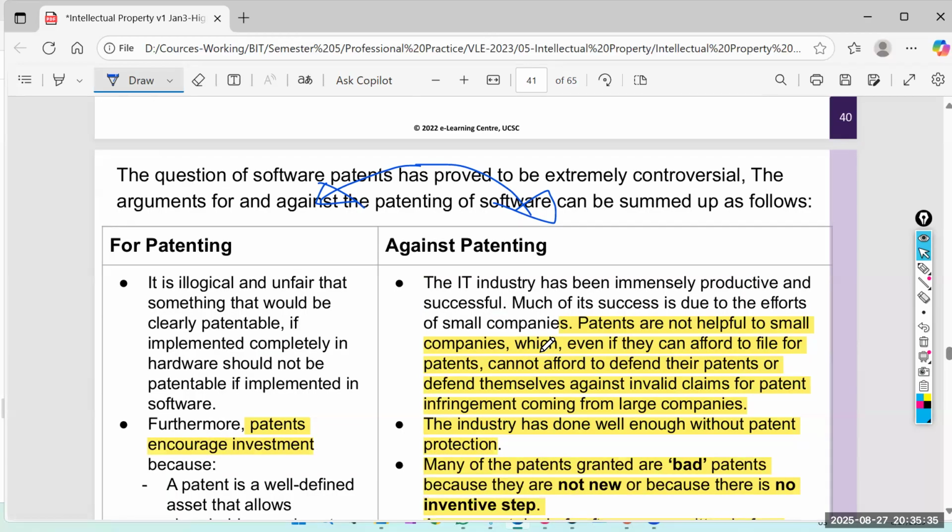It encourages inventions and the disclosure of inventions. But some people argue against patenting, saying that it restricts others from using it. Sometimes people get heavy profit out of these patents because they have the monopoly for a very long period, I think 20 years. So there's a debate on whether patenting is good or bad.